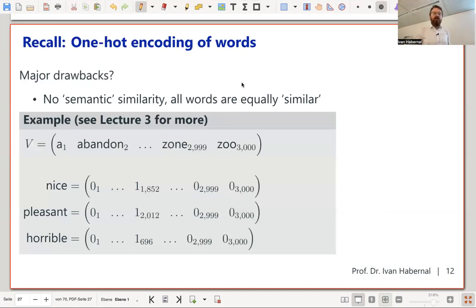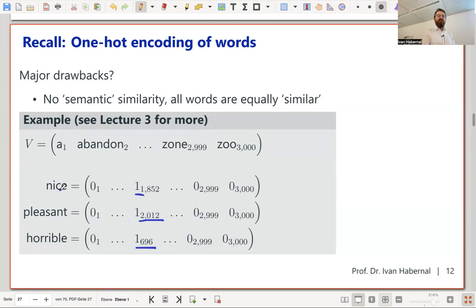If we have a vocabulary of, let's say, 3,000 words, and each word is associated with a position in this vector, then one-hot says nice will be all zeros with a 1 here. Pleasant will be all zeros, and maybe in another position it will be 1. And horrible will also be all zeros with a 1 at one position, corresponding to the position in the vocabulary.